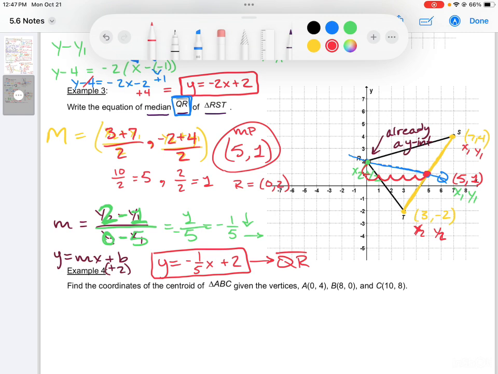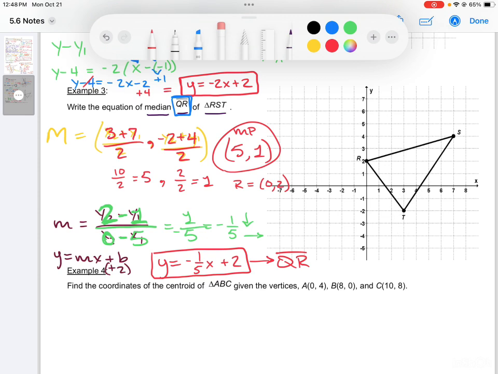For our last example, I'm going to use the same grid, so I'm going to erase everything off here to clear it up and make it a little less confusing. For this fourth example, it says find the coordinates of the centroid.